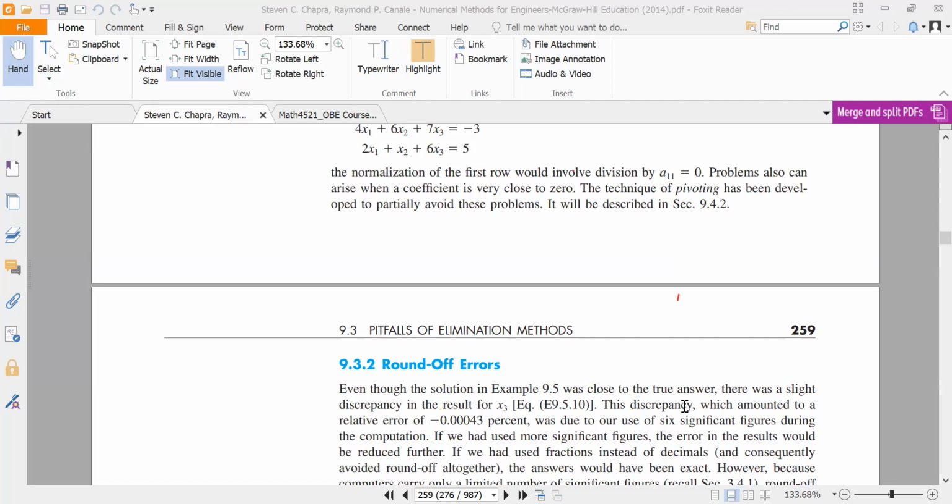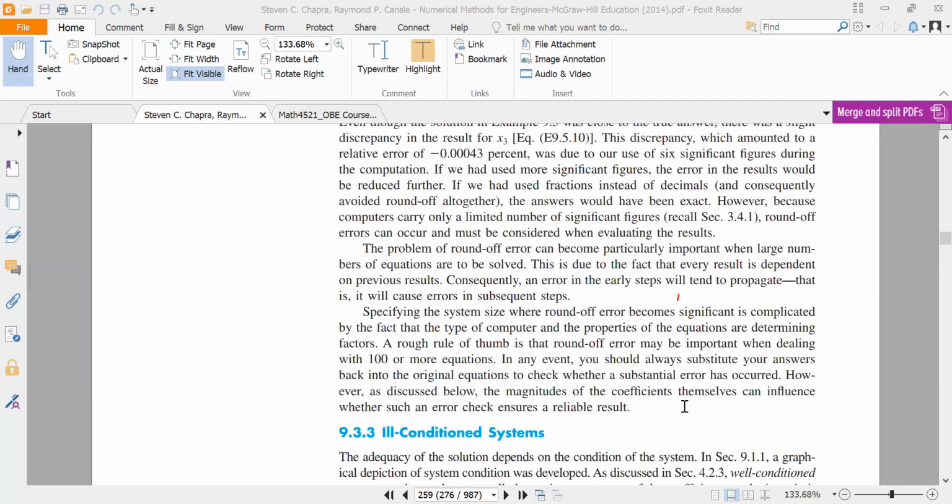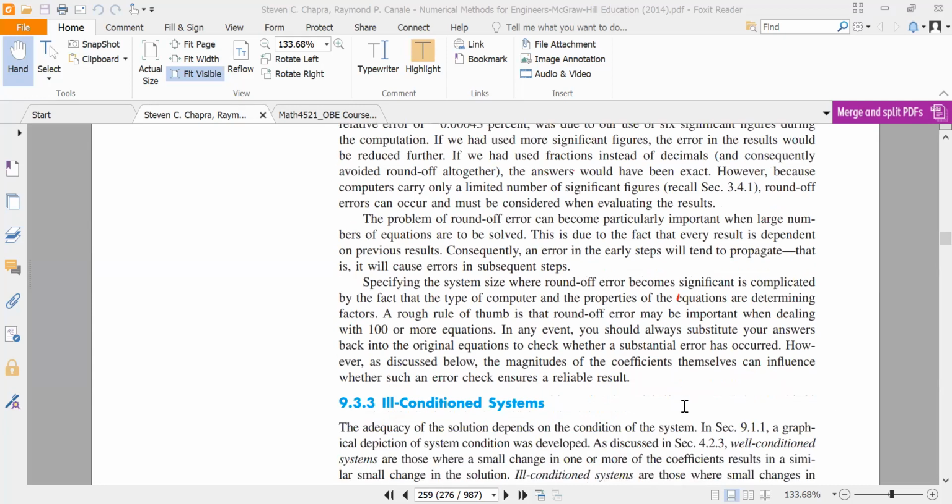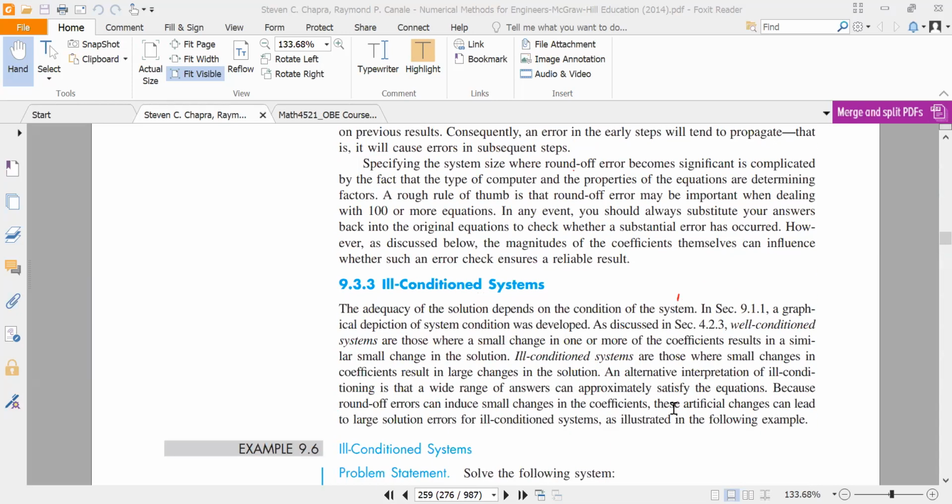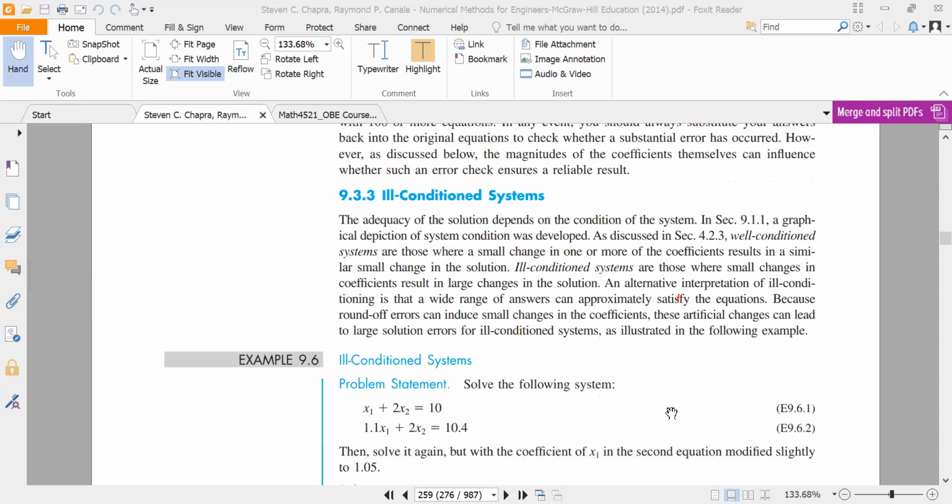How this will affect can be illustrated by an example we will deal with, particularly when we are dealing with the ill-conditioned problem. This is very prone to those cancellation errors.